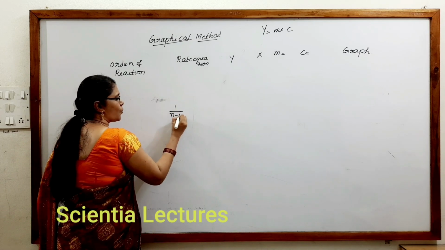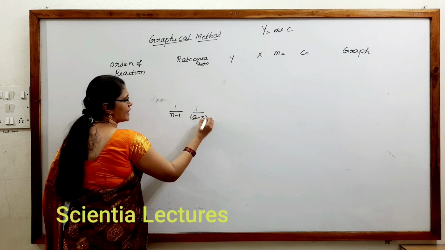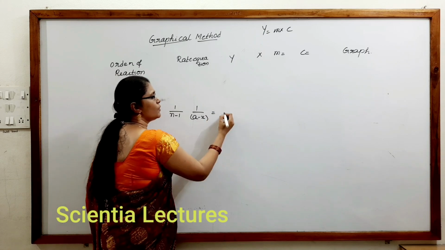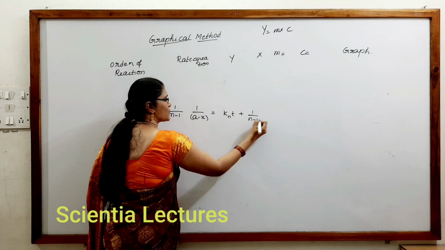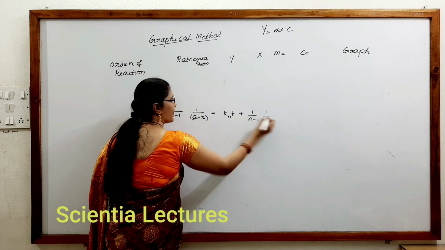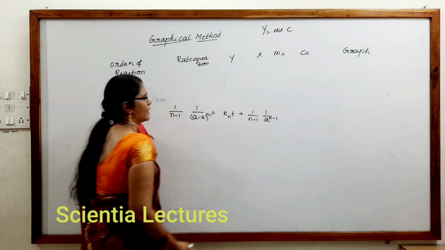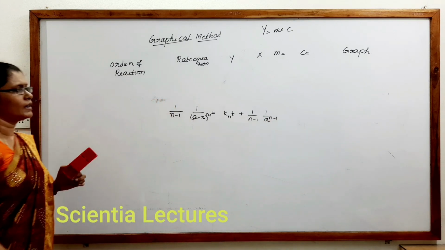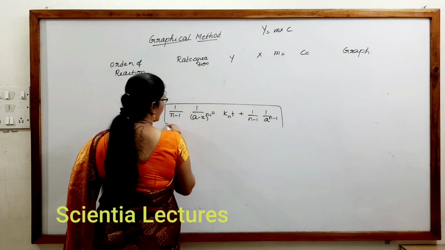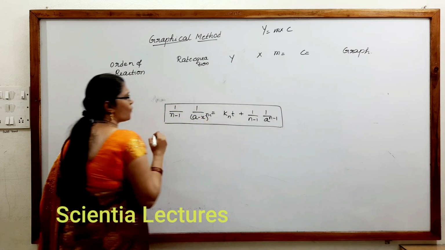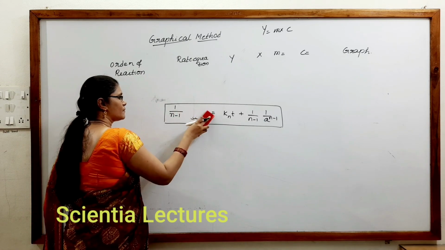First we will check that. (1/(n-1)) (1/(a-x)^(n-1)) must be equal to knt + (1/(n-1)) (1/a^(n-1)). This is what we got as the nth order rate equation. Do you remember that?